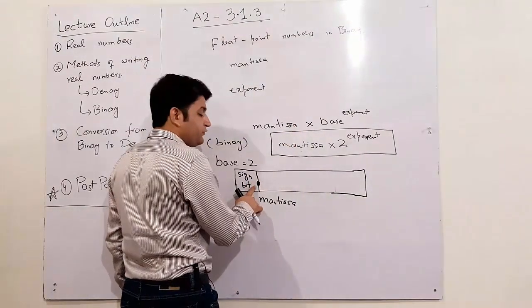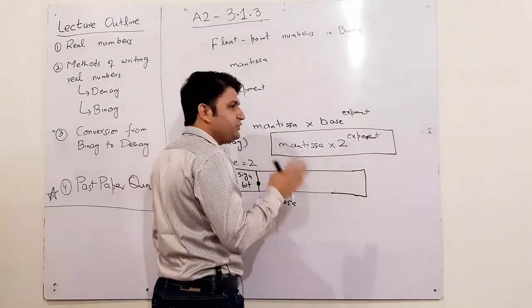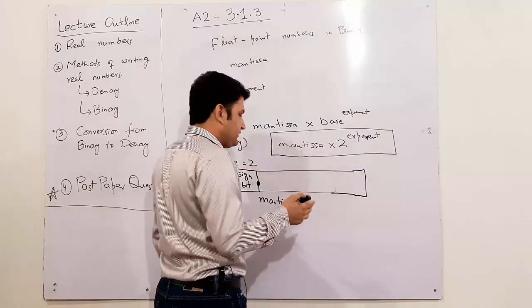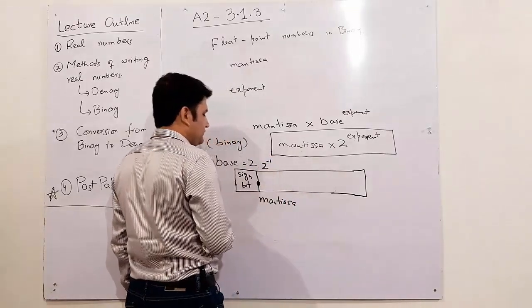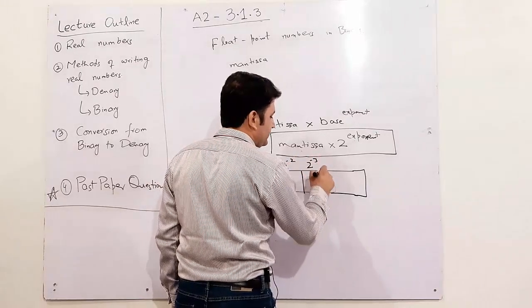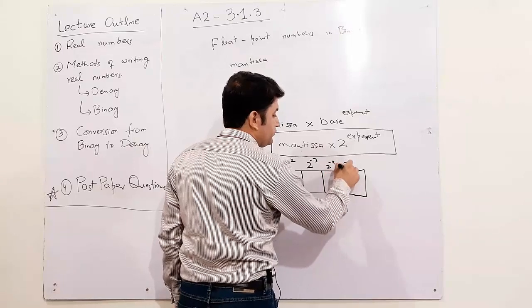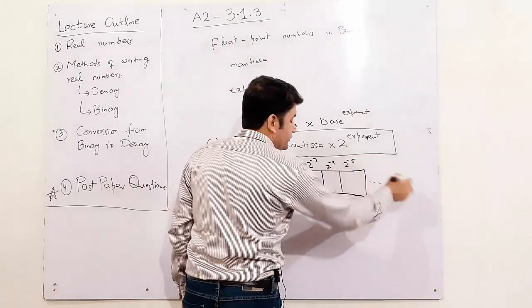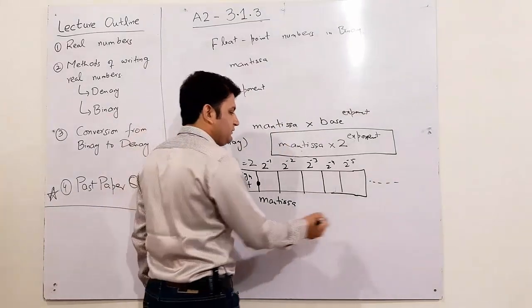And as you might have noticed, we are moving to the right of the decimal point, that means the positional significances will decrease. It will be written like that: 2 power minus 1, 2 power minus 2, 2 power minus 3, 2 power minus 4, 2 power minus 5, and so on and so forth. Currently, we have a 6-bit Mantissa.